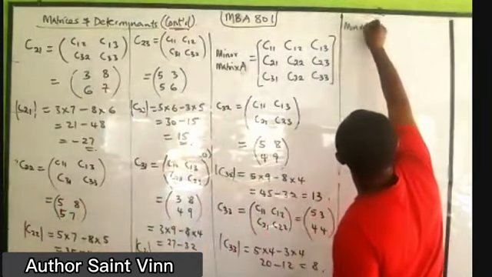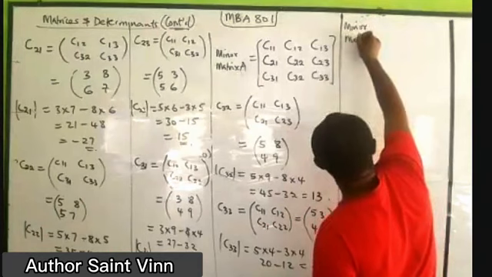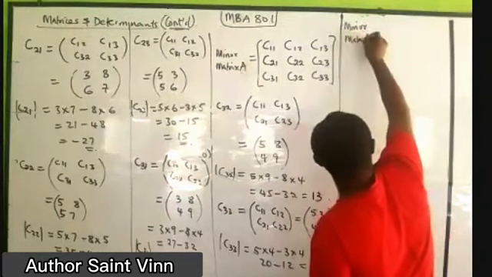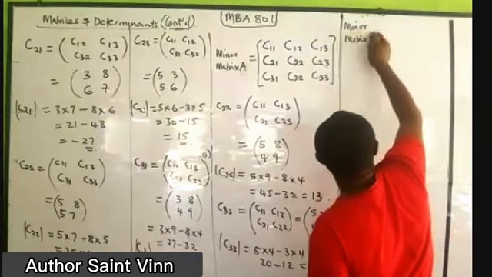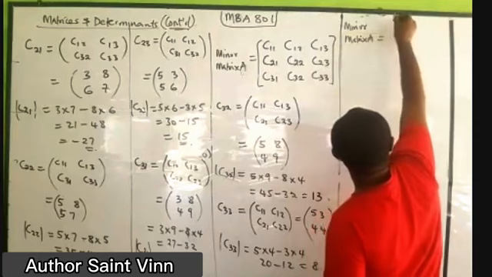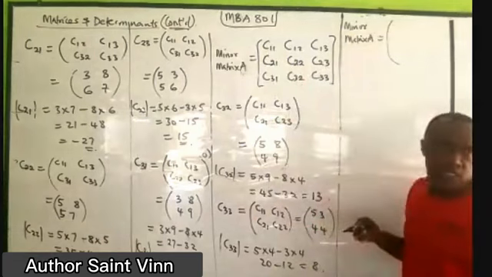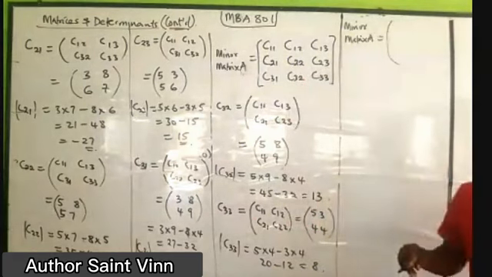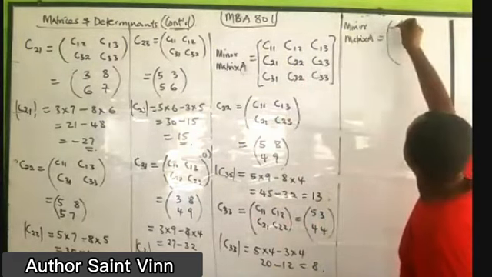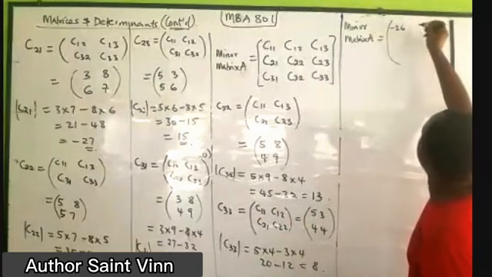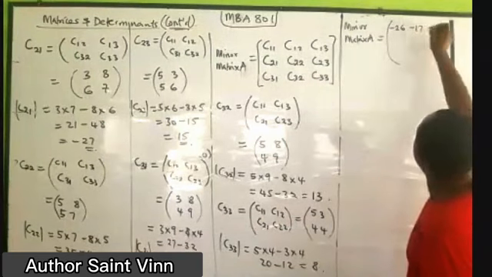Our minor matrix. What was this at the beginning? Check your notes. C11, what was it? It's minus 26. Next, C12, minus 17.